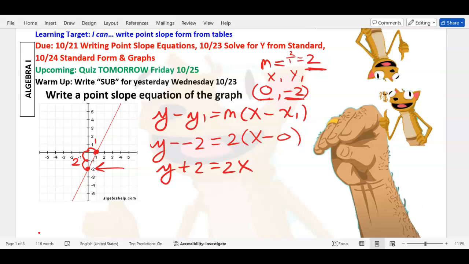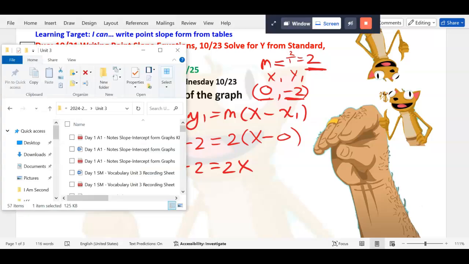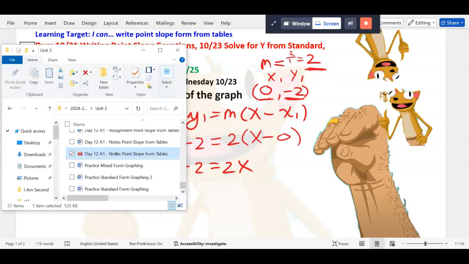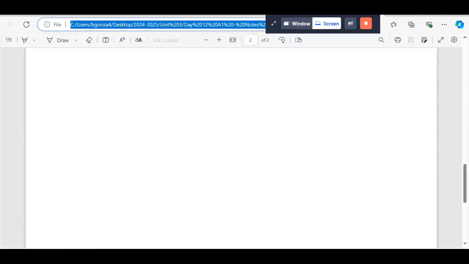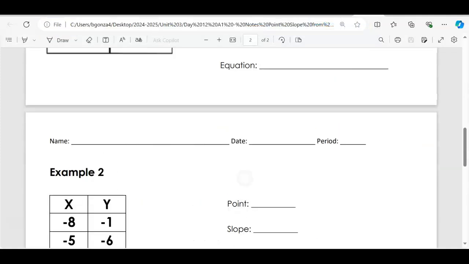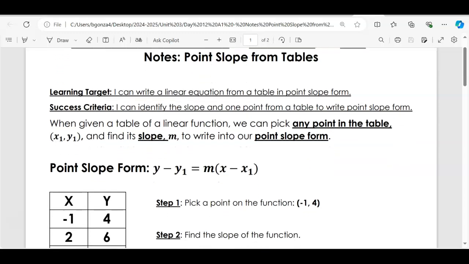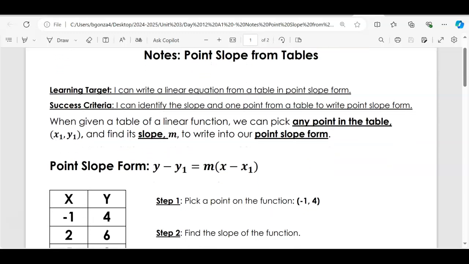All right, here we go. Now these notes might look similar to when we did point slope from graphs. The only thing different is tables. So same idea.